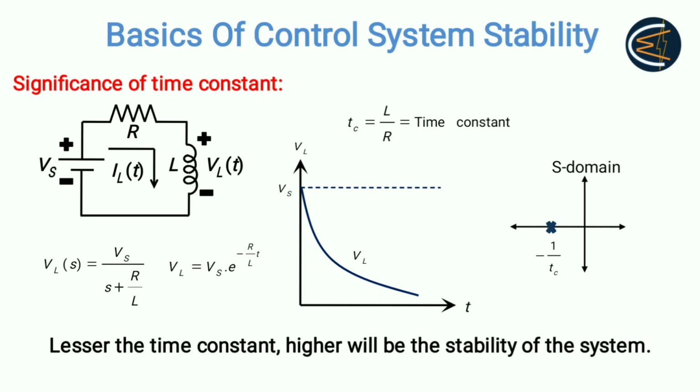Similarly, if that pole goes far away from the j omega axis, the stability will increase. So the relative stability can be decided by the time constant. The higher the time constant, the lesser will be the stability. The lesser the time constant, the higher will be the stability. So that is the significance of time constant from the perspective of control system stability.